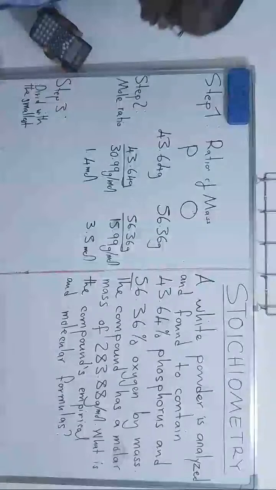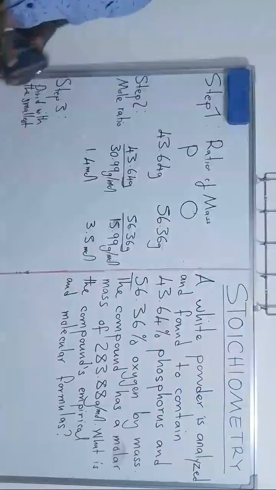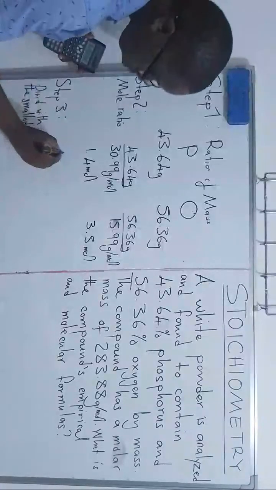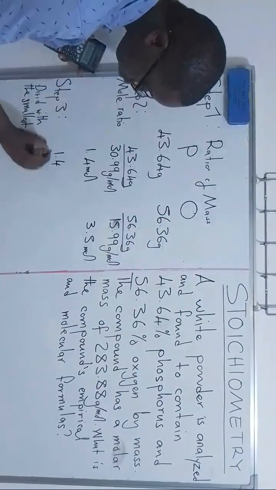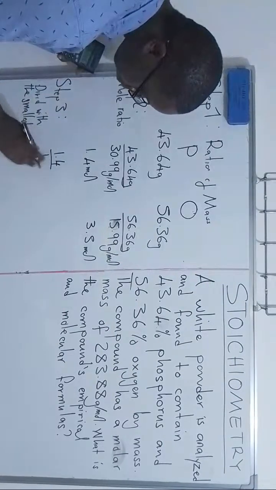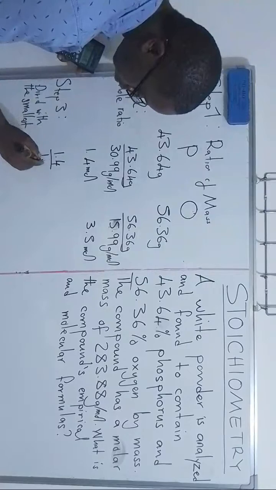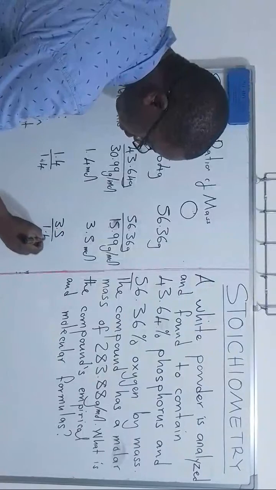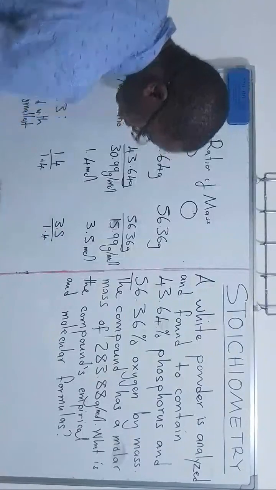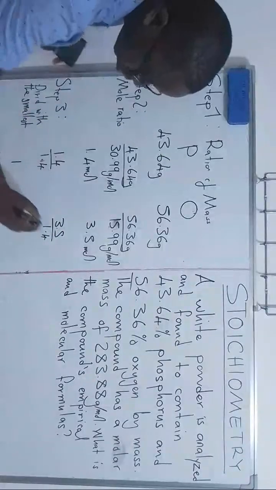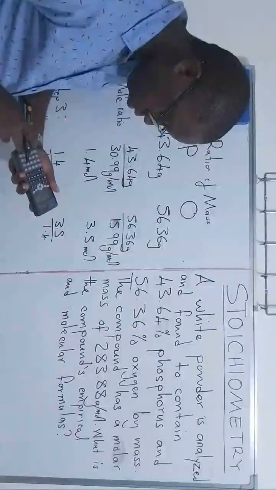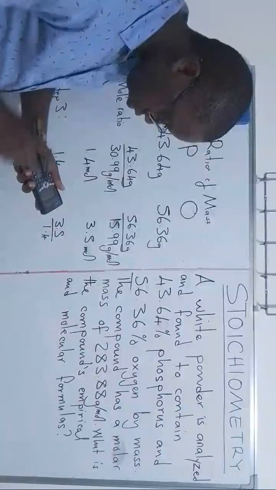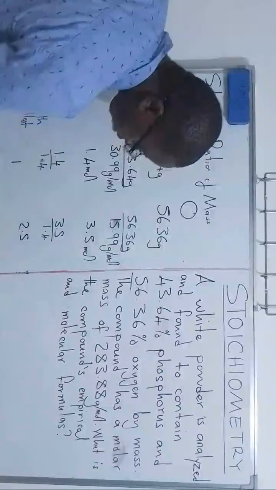So when dividing with the smallest, we have 1.4 and 3.5. So we want now to look at which one is the smallest. You would agree with me that 1.4 is the smallest, so we are saying 1.4 divided by 1.4. Then this side will be 3.5 divided by 1.4. So when you simplify the two, we'll get 1 and this other side, 2.5.